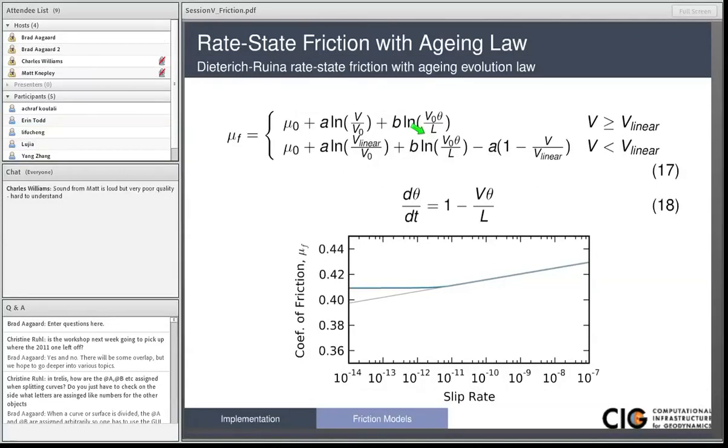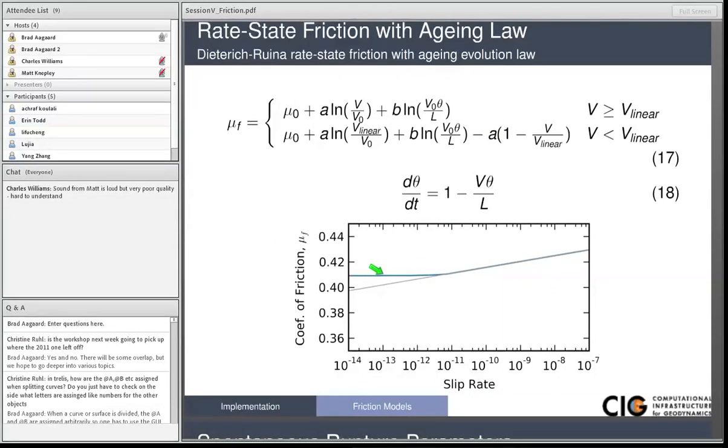So instead of having the coefficient of friction going to 0 using a hyperbolic function, once the slip rate hits some nominal, what we call a linear value, then we put in a linear dependence on the slip rate. So here in log space, it looks flat, but essentially we're going from a logarithmic dependence on slip rate at these higher values down to a linear dependence, which looks flat here in this particular range of slip rates.